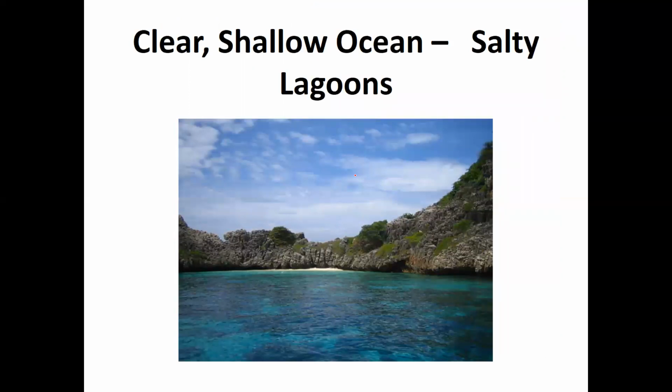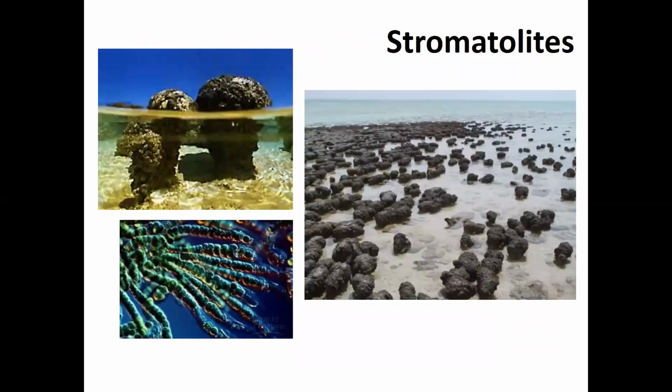Then another environment is these clear, shallow ocean or salty lagoons. This isn't very common today, but it was very common in Earth's past a long time ago. There are photosynthetic bacteria, and those bacteria form these structures called stromatolites.